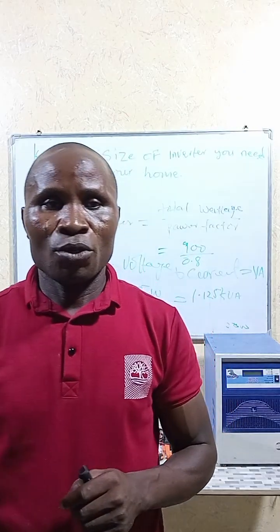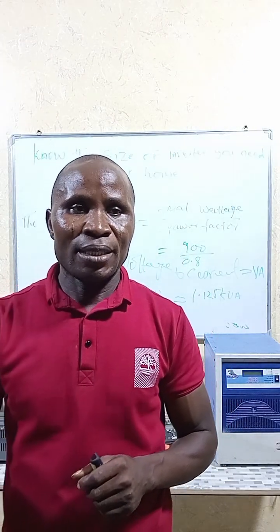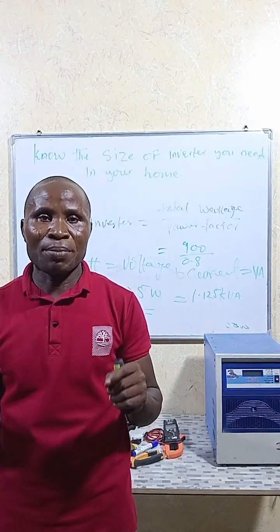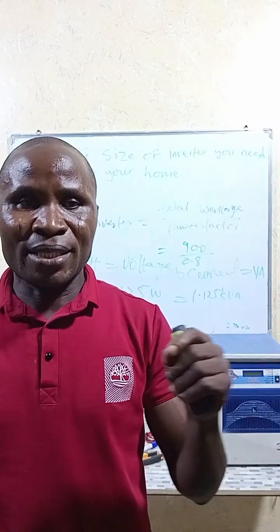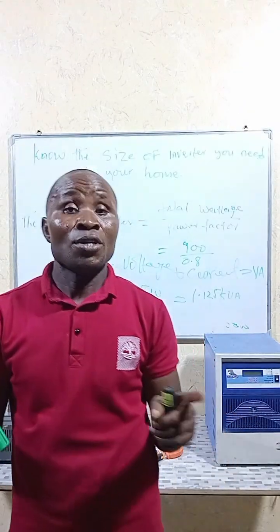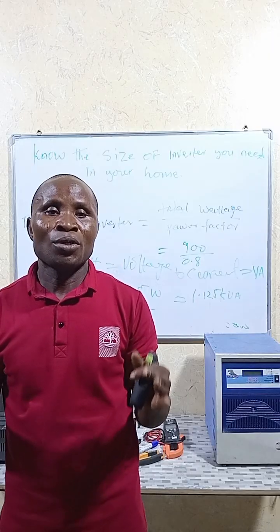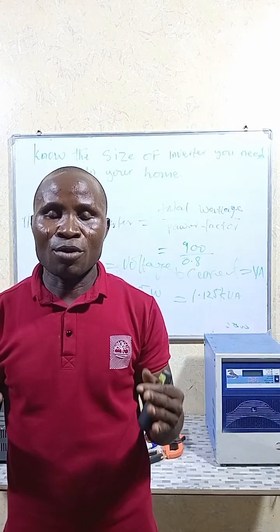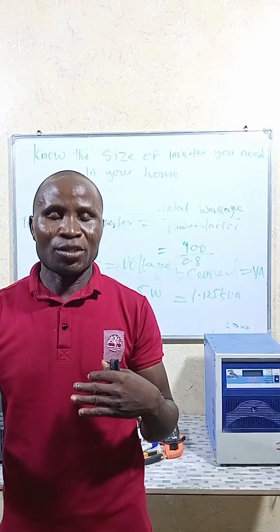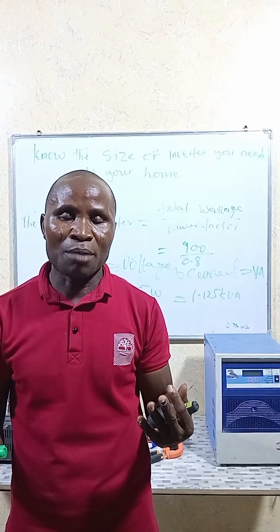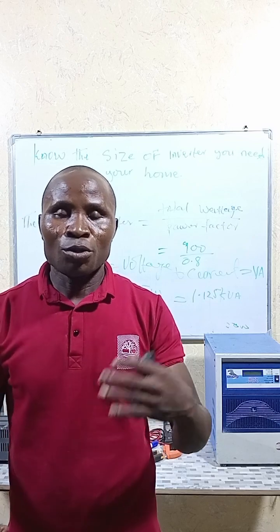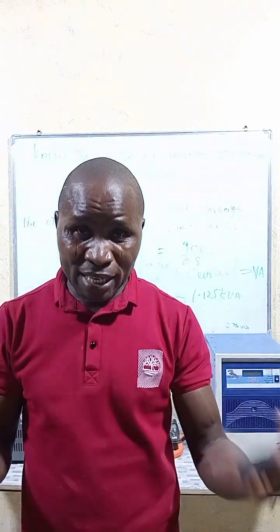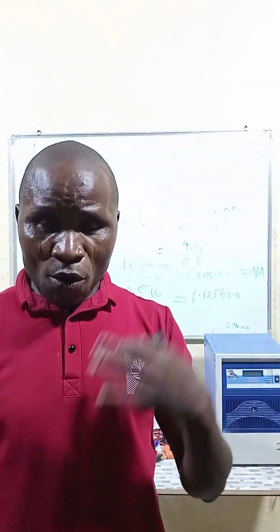if you do not consider the surge power and the probability of adding a few small appliances to the system later. It's very important to have that tolerance. If there is a power surge and the amps increase, what will happen to the inverter? Or tomorrow you decide to add more load, for example another bulb, another television, or another fan.